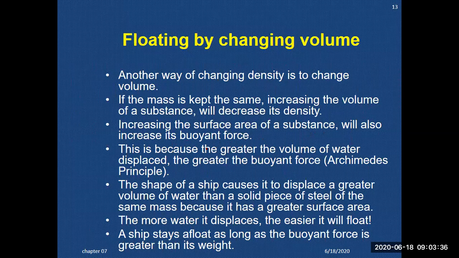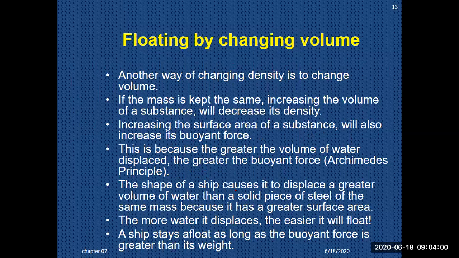The surface area in the case of the block was very small, but when you convert this block into a ship size, the surface area will increase. By the increase of the volume, you have decreased the density. This is because the greater the volume of water displaced, the greater the buoyant force, Archimedes' principle.